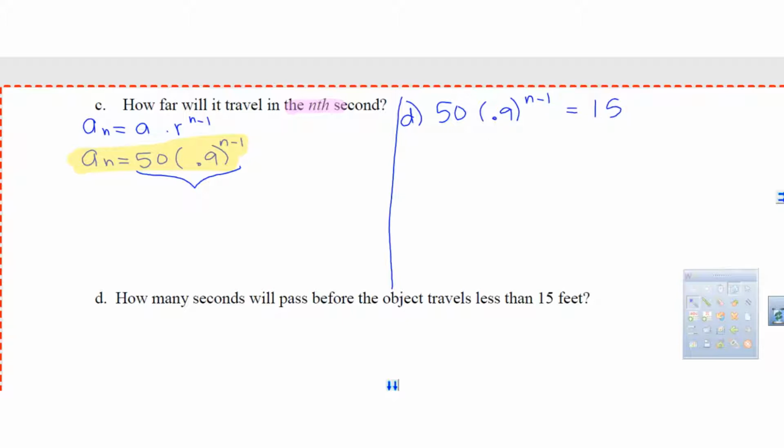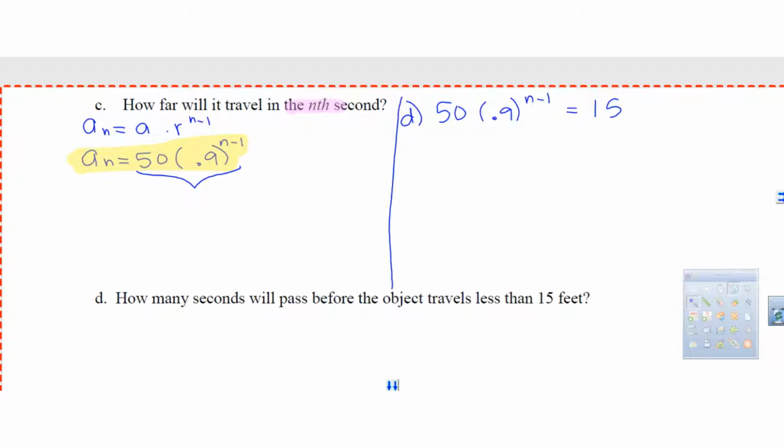So I'm going to find out when it is 15, and it's during a specific second. So understand the question. First is 50, then is 45, then is smaller, then smaller, then smaller. They're saying, how long does it go until after that, each second it travels less than 15 feet? That's what they're asking me.